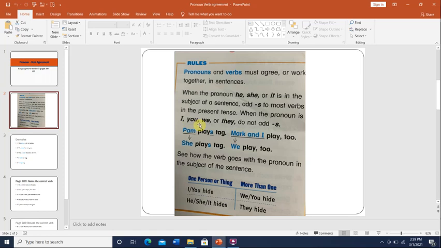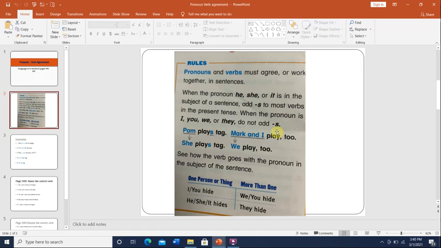They here refers to more than one person or more than one thing. So when we use the pronoun he, she, and it, we add s to the verb. This is in the present tense. But if the sentence begins with the pronouns I, you, we, or they, we leave the verb as it is. We do not add an s.